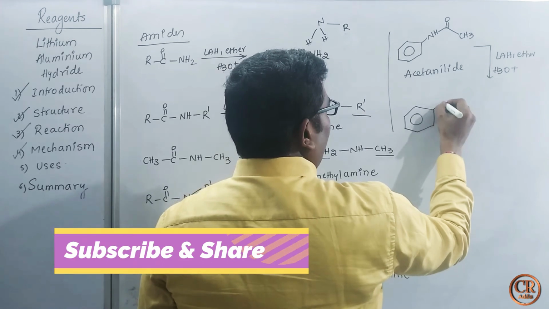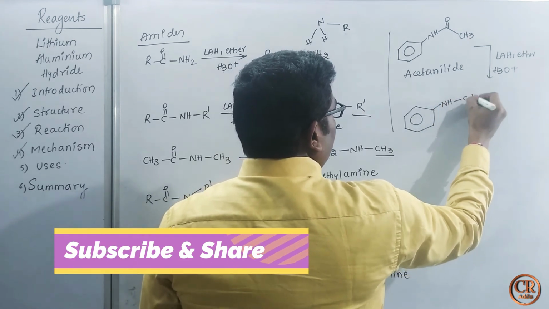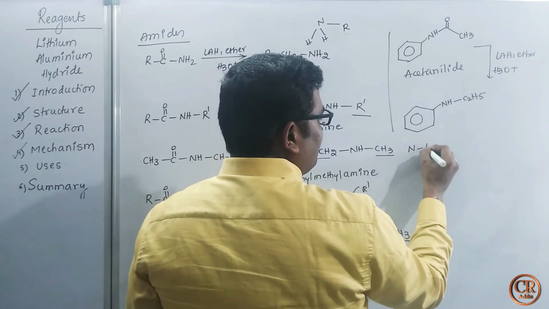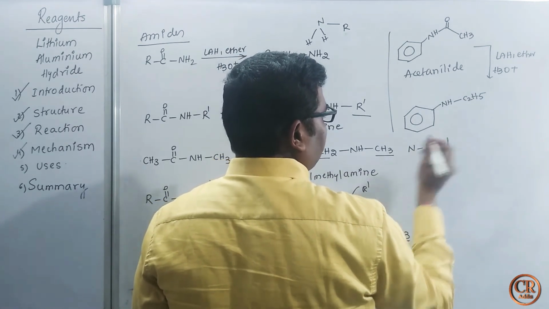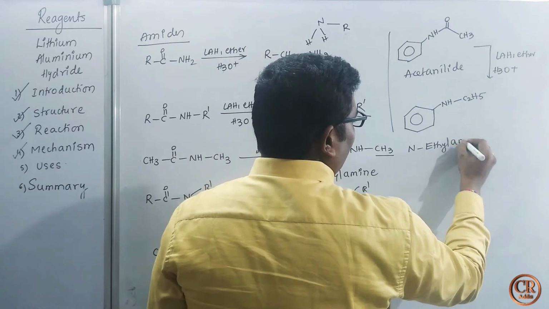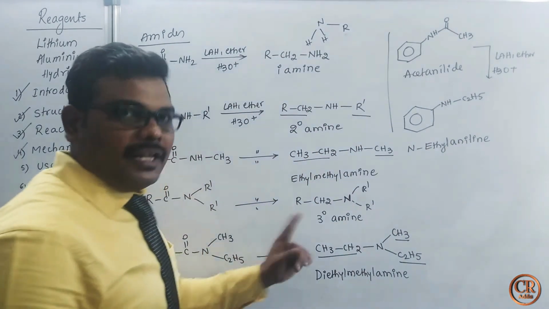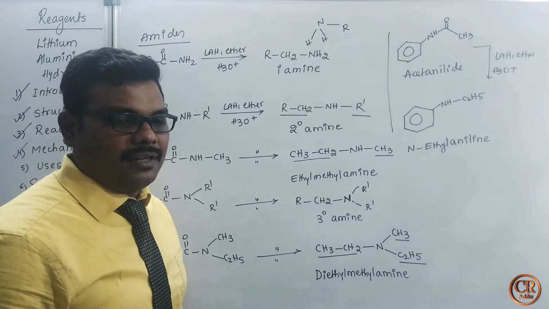Now try to tell me the name of this compound. See, CH2 CH3. So this is N-ethyl aniline. N-ethyl aniline. This is next derivative of carboxylic acid.